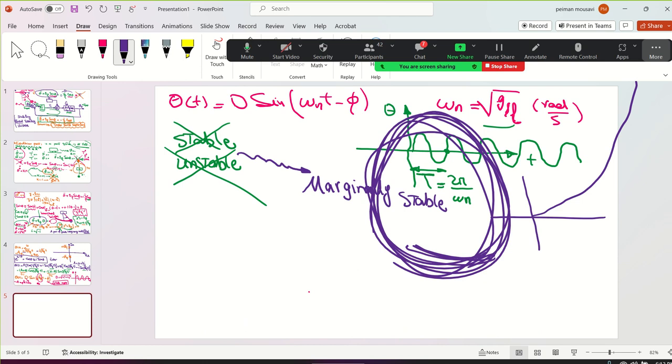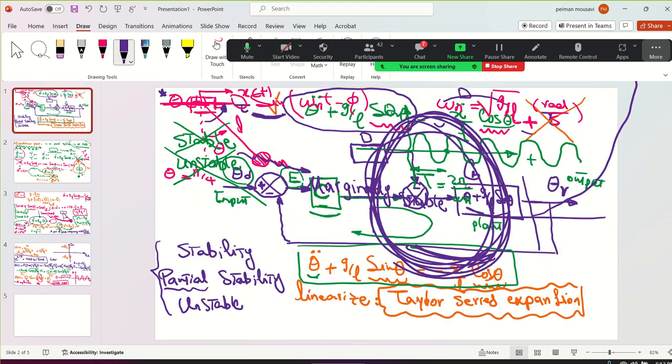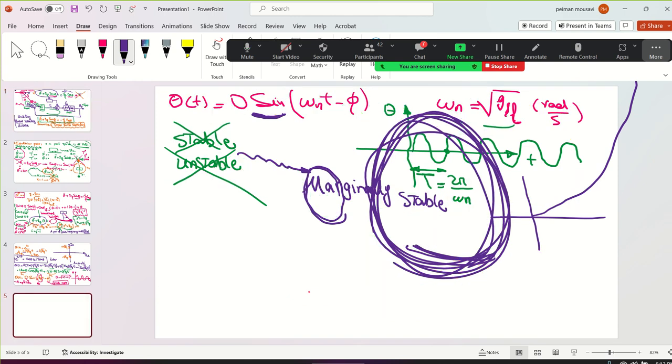So this is the take home message: any system whose response is harmonic, like a sine or cosine, is marginally stable. Not stable, not unstable. Your function after graduating from SDSU is to design a controller and make it stable. That's why you're taking this course. See what I'm saying, everybody?